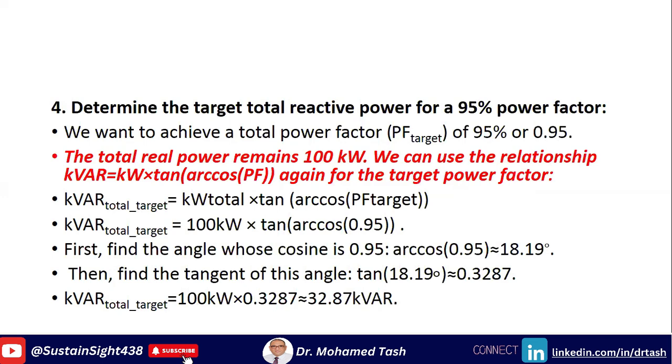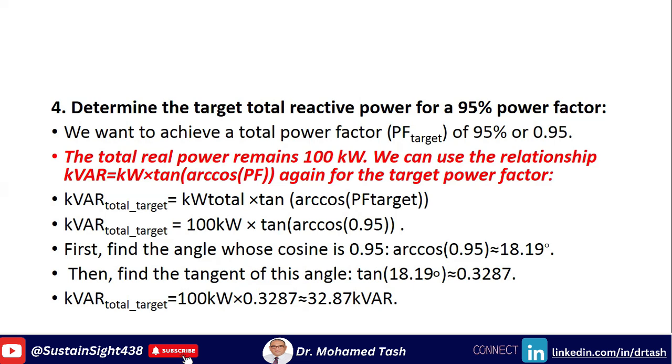And then we need to determine the target total reactive power for a power factor target of 95%. The total real power remains 100 kilowatt. And we need to estimate the kVAR total target, which equals the total real power multiplied by the tan of arccos of the target power factor, which is 95%.